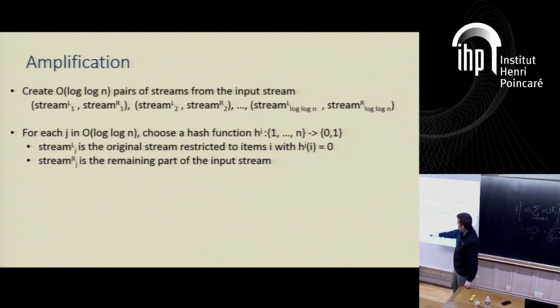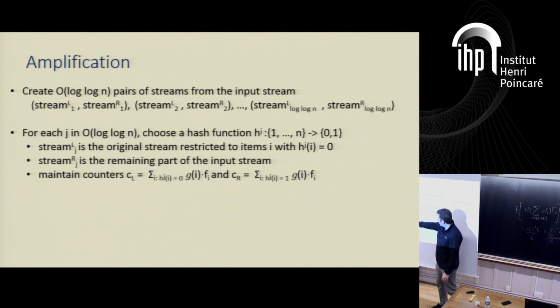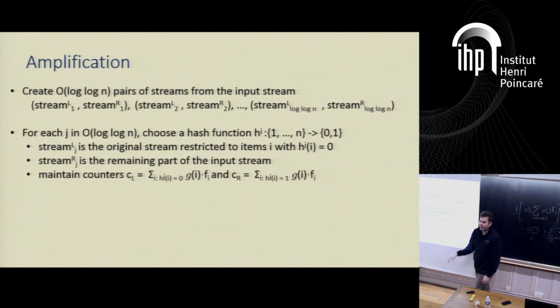And the right stream is the remaining part of the input stream. And similarly to everything we've been talking about, I maintain two counters, one for the left stream and one for the right stream. OK, so it's just the inner product of the frequencies that go to that bucket with this Gaussian vector.